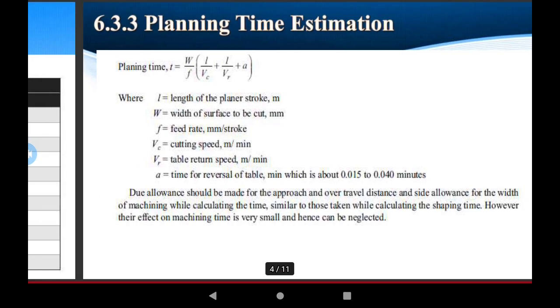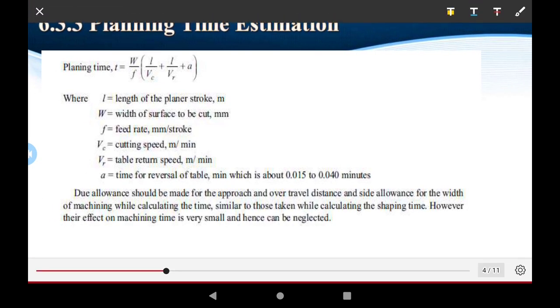Here, L is the length of the planer stroke, the forward stroke, in meters, and W is the width of the surface to be cut, in mm.